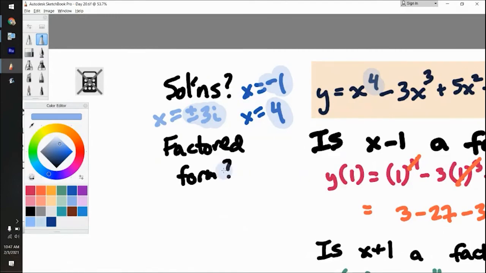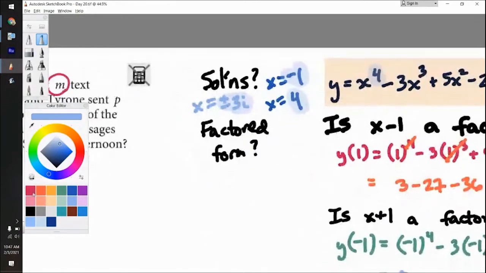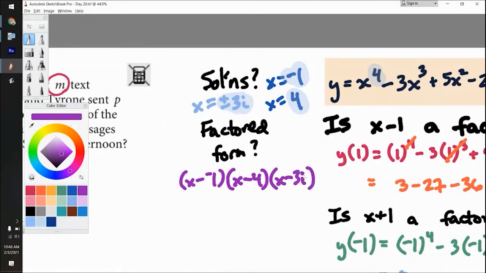And then the last thing is the factored form. This is the same thing as it's always been. You're just taking what you have and subtracting, so do x minus whatever the root is. So it's going to be x minus negative 1 times x minus 4 times x minus 3i times x minus negative 3i.